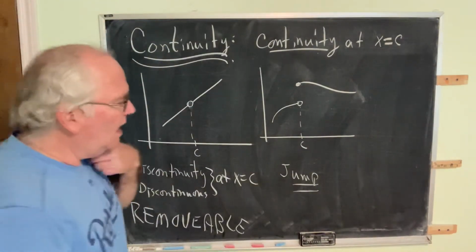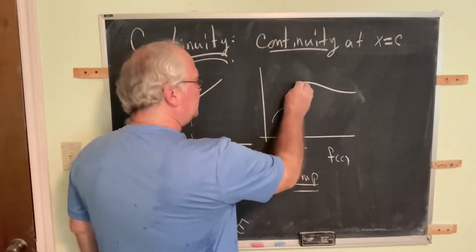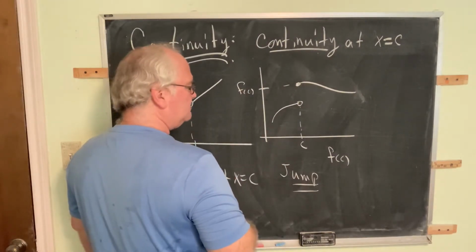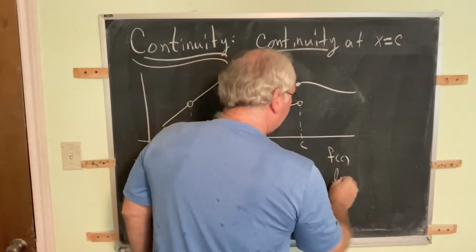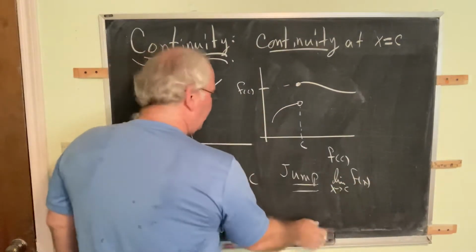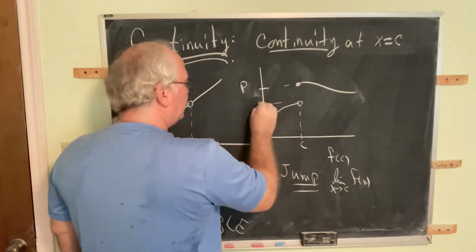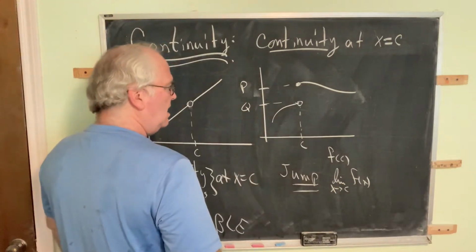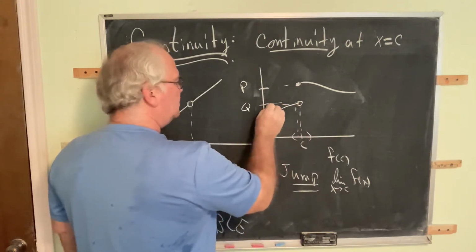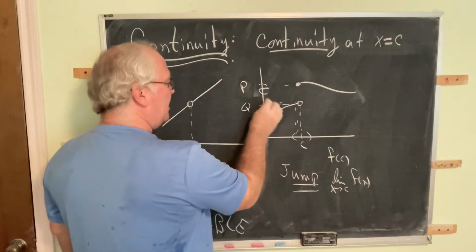Notice, look at the two pieces. What's f of c? The function value at c actually is defined. It's right here. Here's f of c. So there's no problem defining f of c. But what is the limit? All right, let's call this P. Let's call this Q. Well, the limit is not P, because if I form my delta interval, here's my epsilon interval, there's my delta interval, these values don't get inside the epsilon interval.